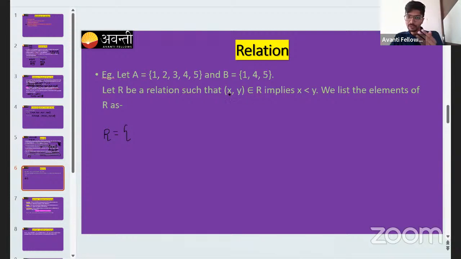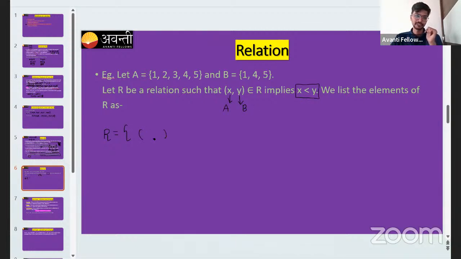If it is a set of ordered pairs x, y, then I have to pick x from set A and I have to pick y from set B. Okay? But I have to pick x and y such that this condition is satisfied, which is x is less than y.